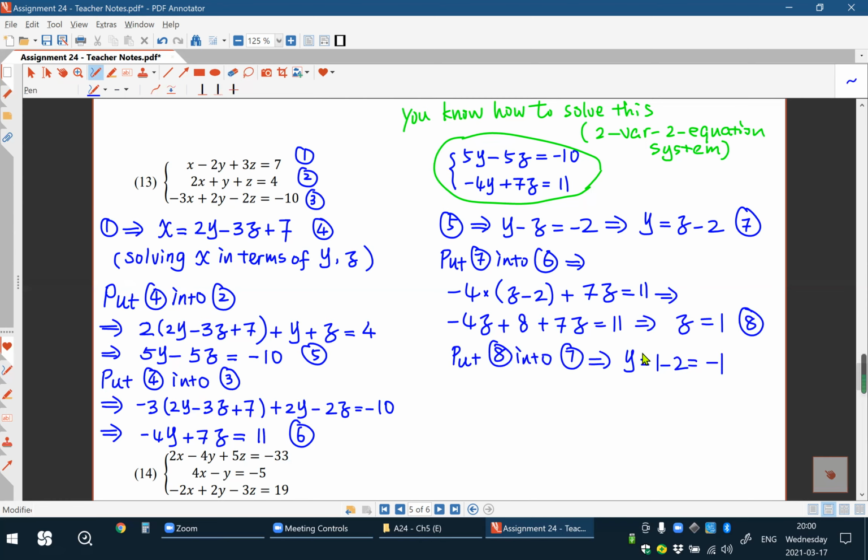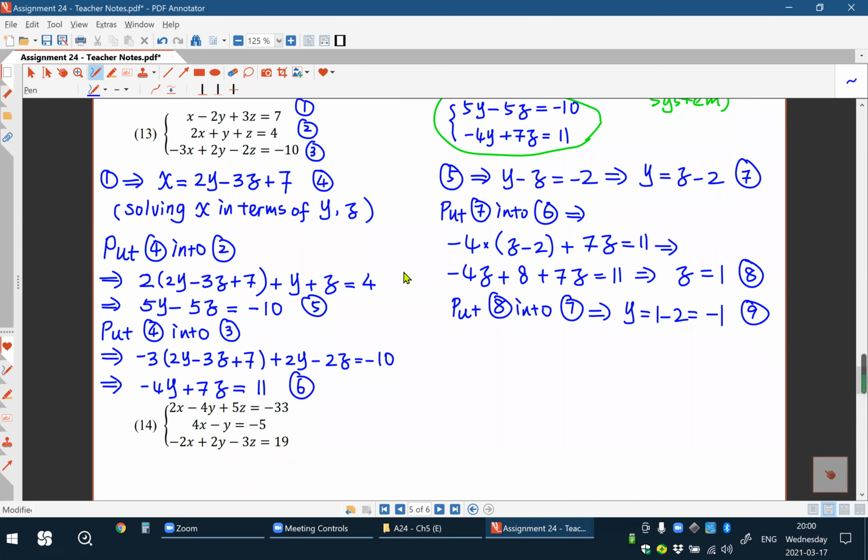This is our y. Let's call this number 9. We now only have one variable to solve, which is x. We can put 8 and 9 into equation 4, because equation 4 tells you x in terms of y and z.